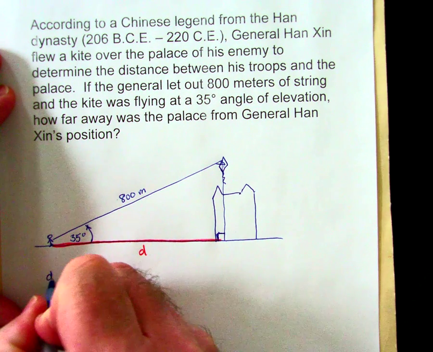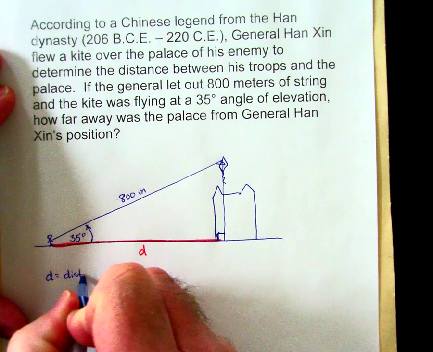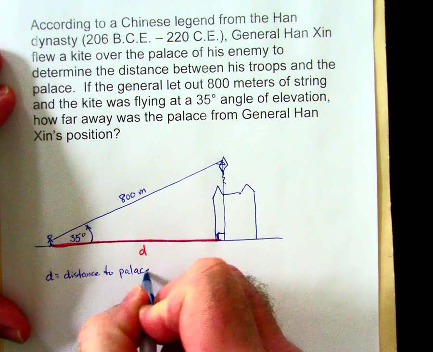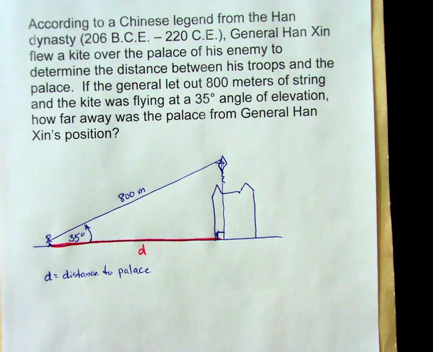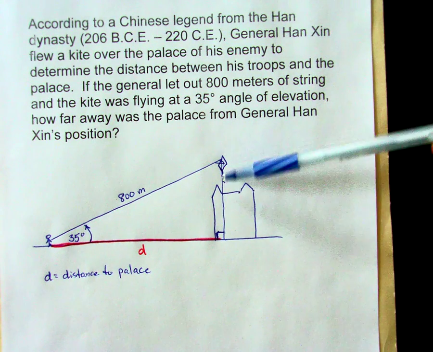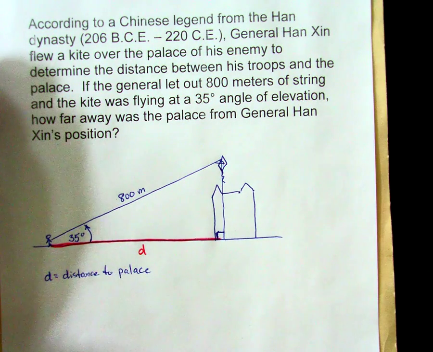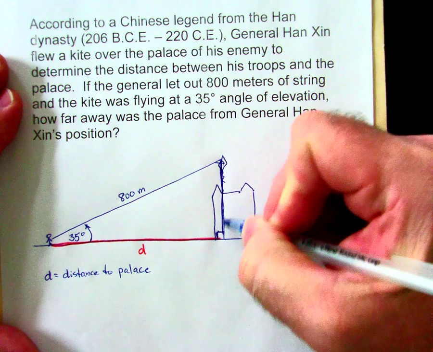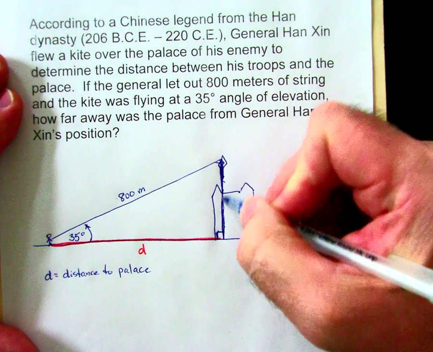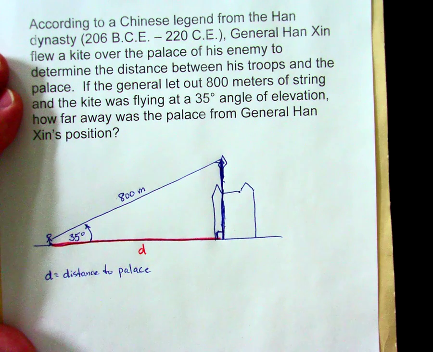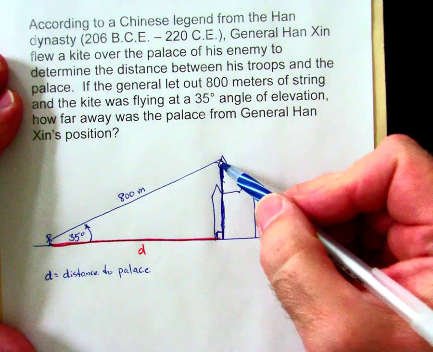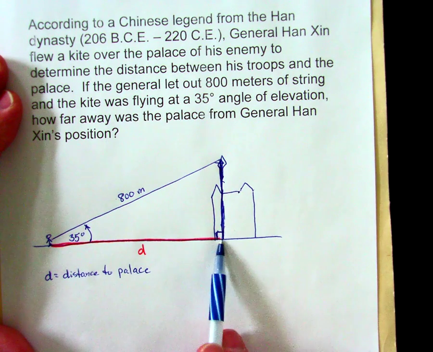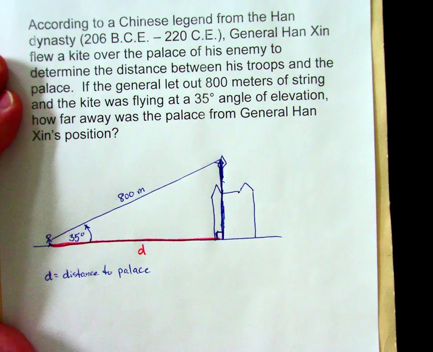So, d is equal to the distance to the palace. Let's see how these three quantities are related in this right triangle, and just again to make sure we're seeing the right triangle part, even though that is kind of an imaginary segment from the kite to the ground, here's the string, here's the distance along the ground, forming that right triangle.